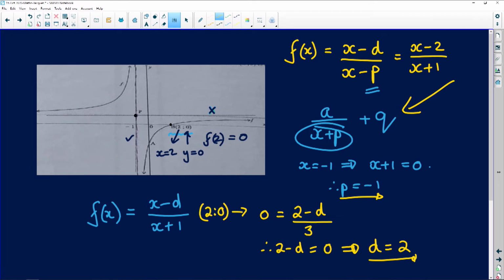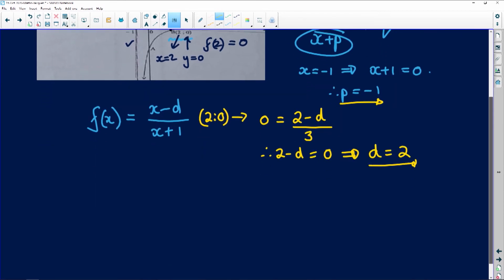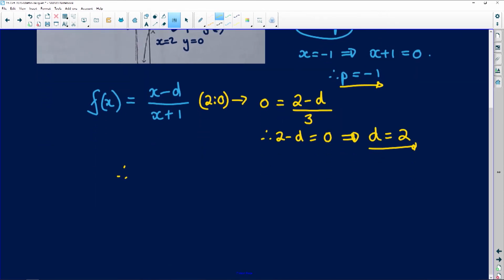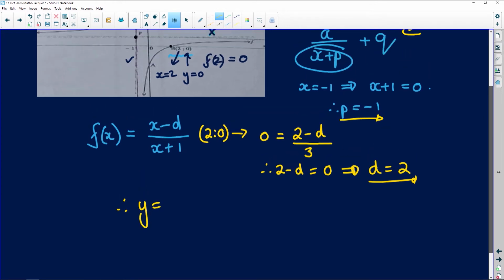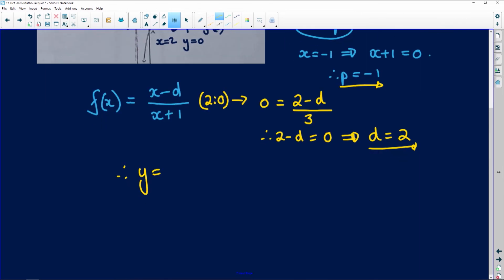So that thing we must change so that it looks like this. Now let's see, how do we do that? We know that y is equal to, what did we say? x minus 2 at the top, yes, over x plus 1.